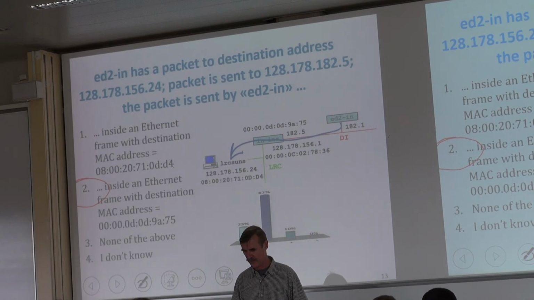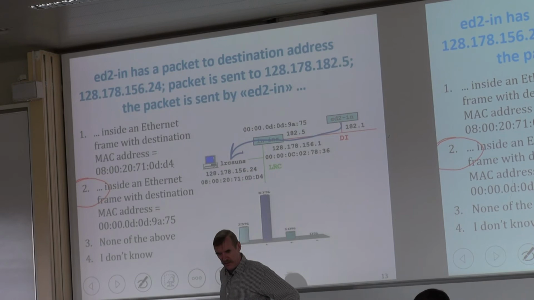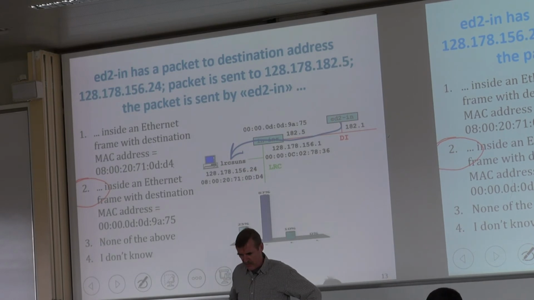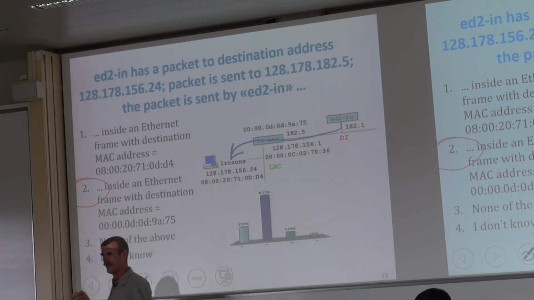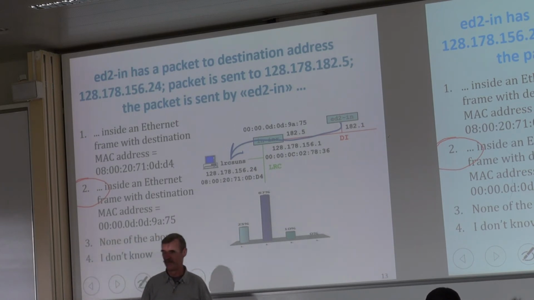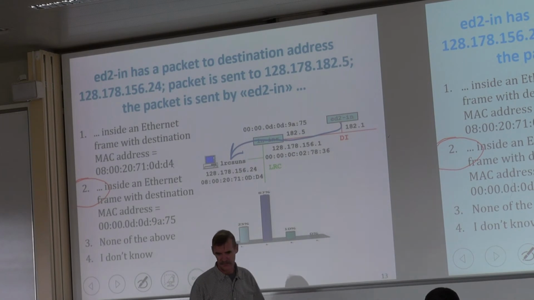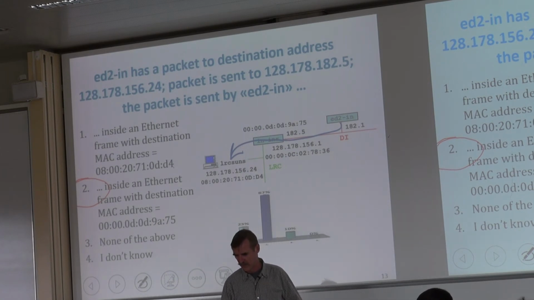Question: is it just for the sake of the question that the router has 2 different MAC addresses? Or does that happen normally as well? Well, of course, it has 2 MAC addresses because it's a router, it has 2 interfaces. So it has 1 MAC address on each of the interfaces. But don't MAC addresses depend on the hardware itself?